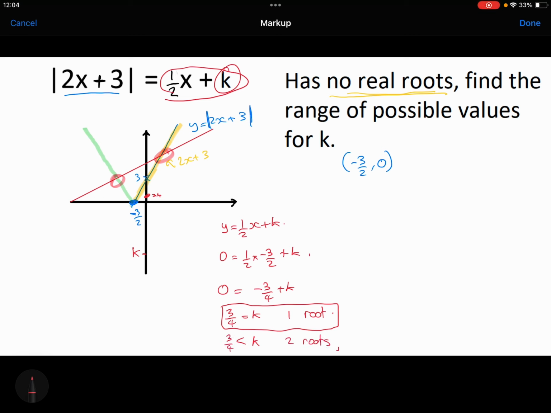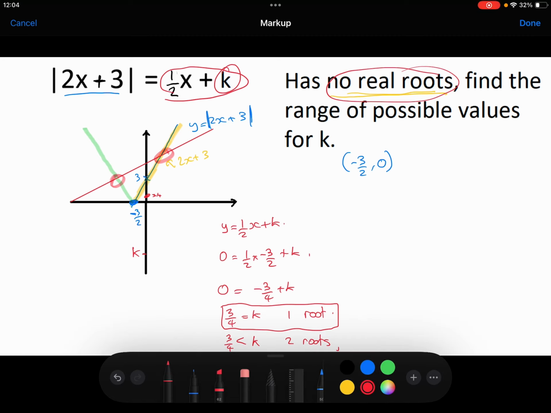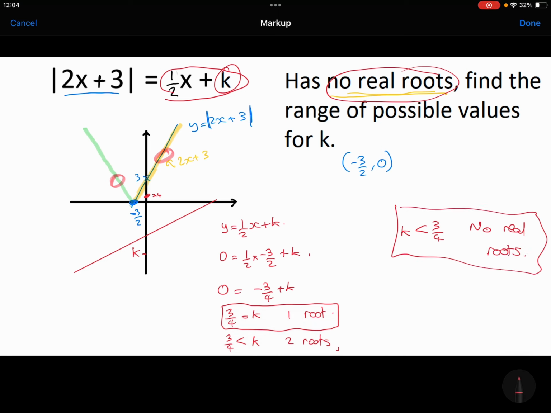We want there to be no real roots, so we need k to be less than 3 over 4 down here. And so those are the range of possible values for k. K can be anything less than 3/4, and then there'll be no real roots.